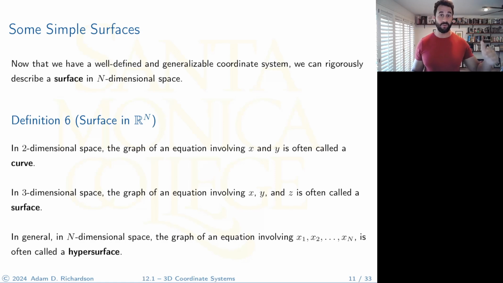Then in general, if you want to go up to higher dimensions, in n-dimensional space, we call the graph of an equation involving all of these coordinates, all these variables, a hypersurface. So this is where you get to learn all the cool terminology, hypersurfaces and stuff, hypercubes, all that fun stuff. That's just a fancy name for that object in higher dimensions.